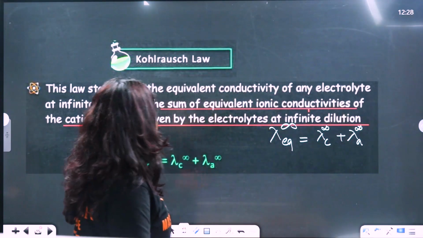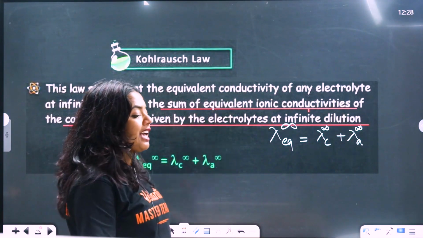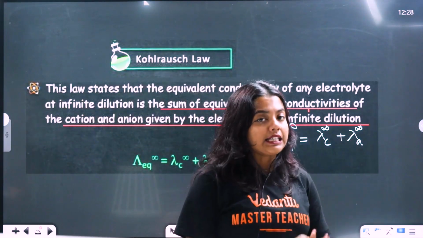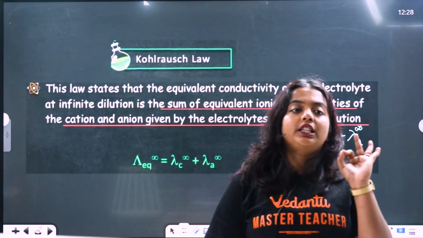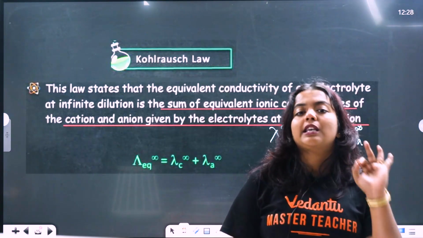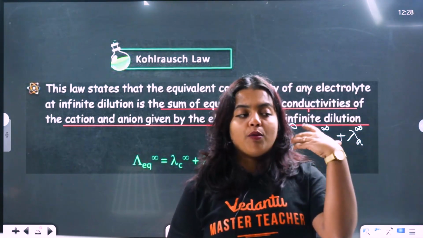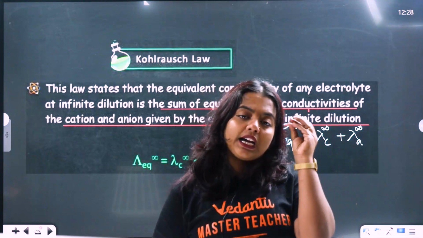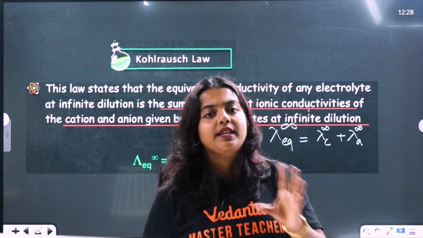Clear everyone? So Kohlrausch's law states that at infinite dilution, the equivalent conductivity is equal to the sum of the equivalent conductivities of the cations and anions.